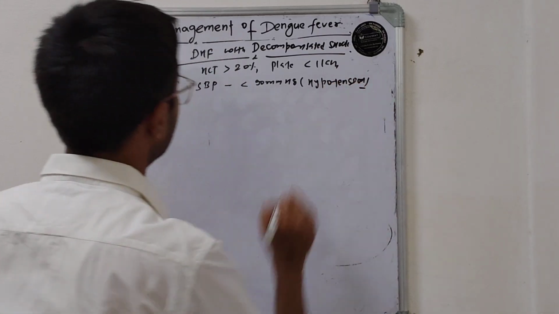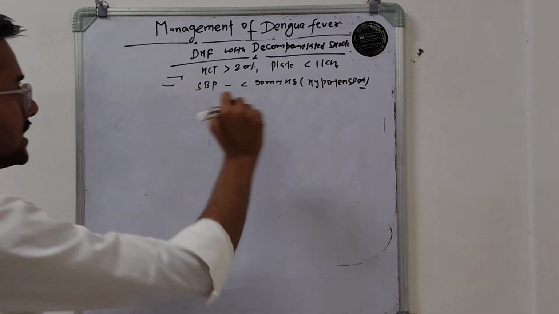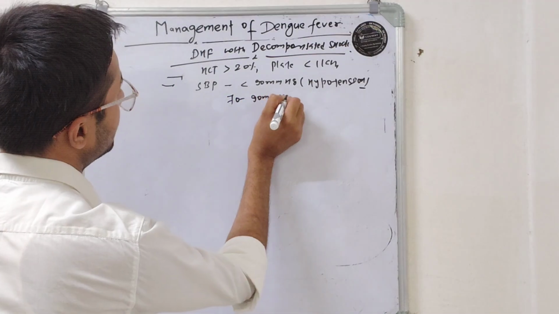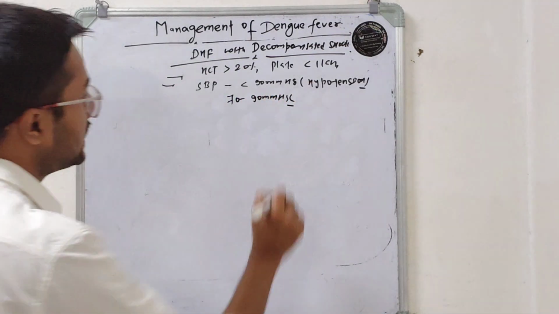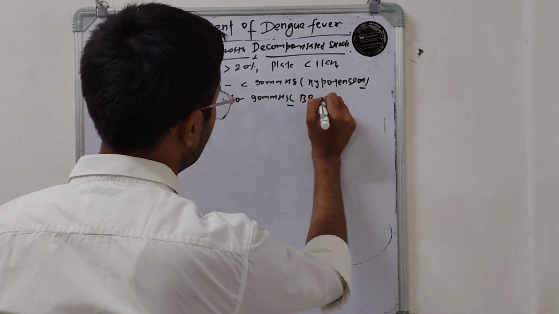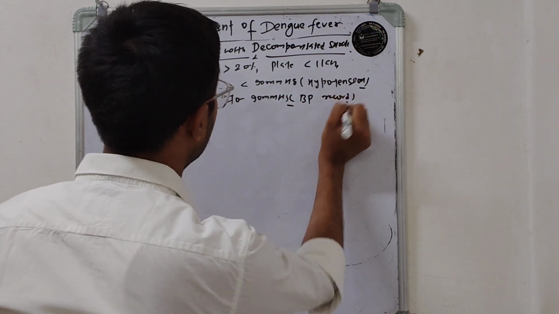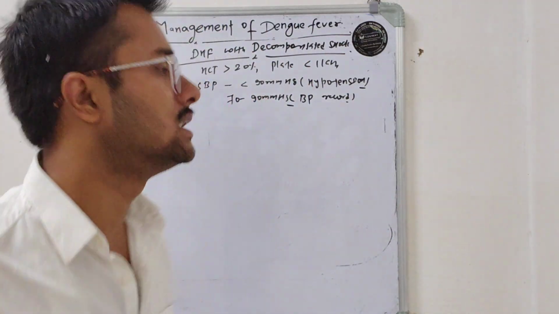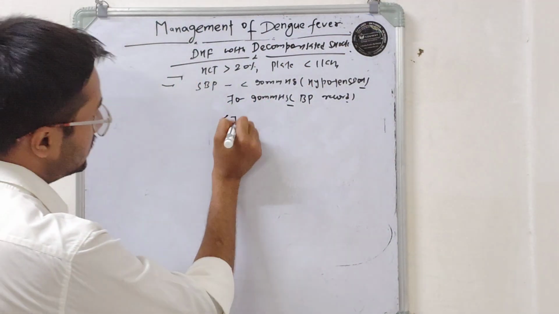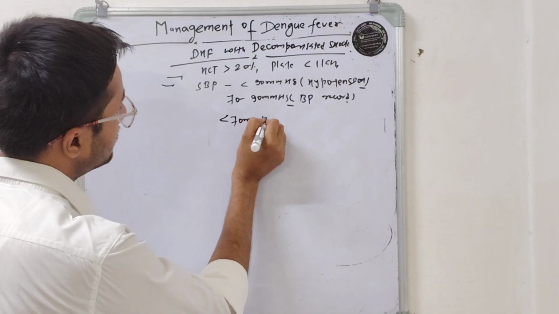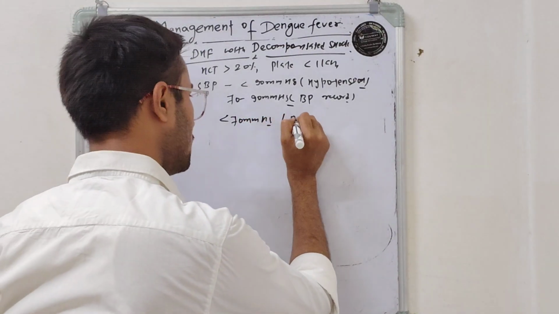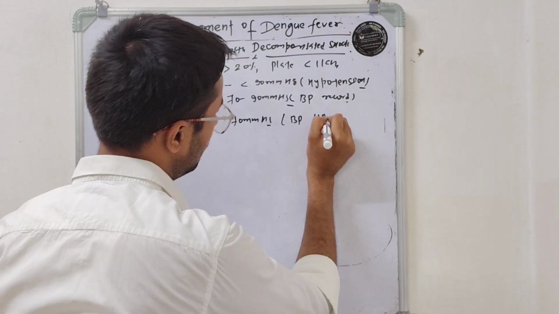Let's see, if a patient's blood pressure is between 70 to 90 mmHg, in that condition the BP is recordable. But if a patient's blood pressure is less than 70 mmHg, in that condition the BP is unrecordable.